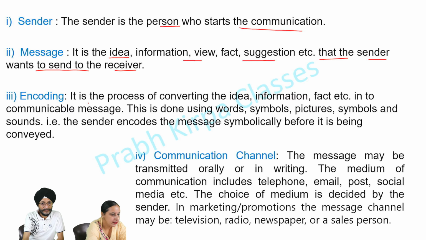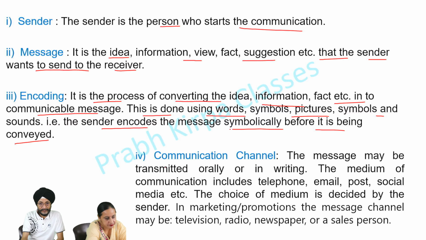Third, encoding. It is the process of converting the idea, information, fact, etc. into communicable message. This is done using words, symbols, pictures, and sounds. That is, the sender encodes the message symbolically before it is being conveyed. Fourth, communication channel.